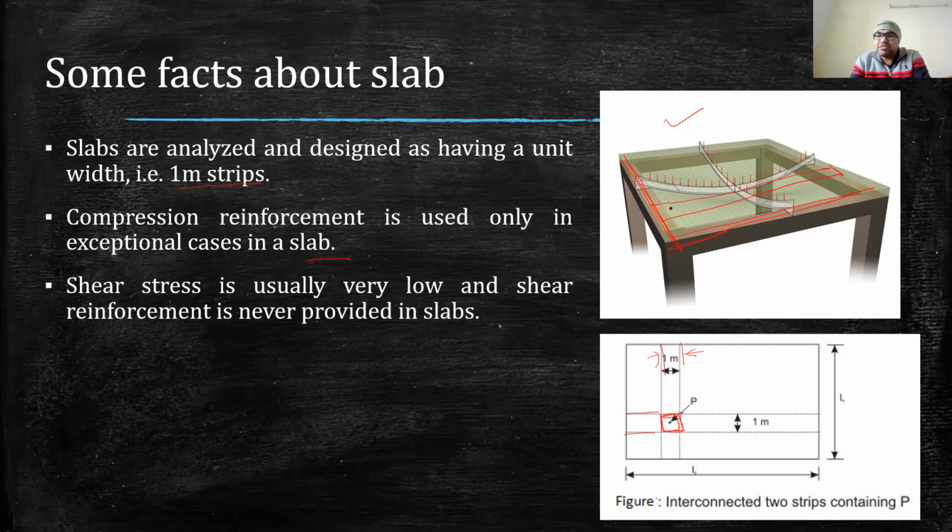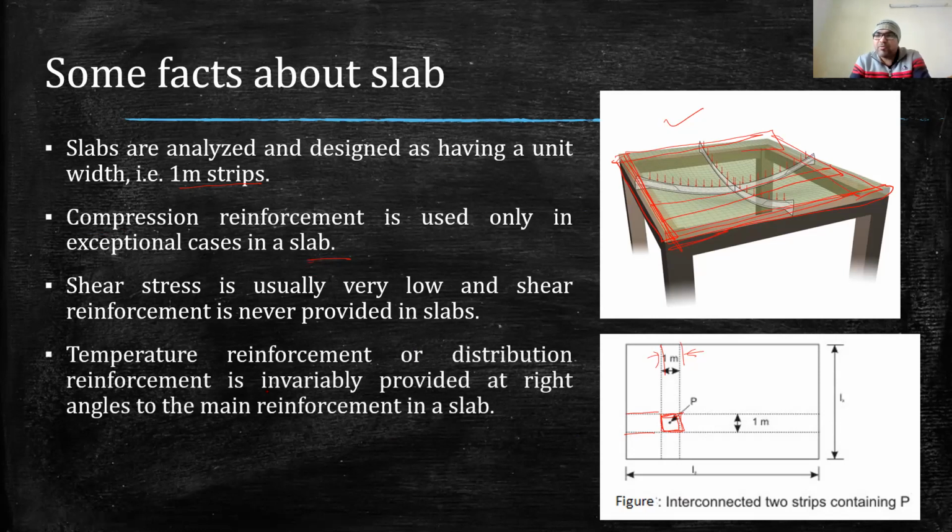Because slab is resting over a large bearing area as compared to the beam. As you can see, the whole slab is resting over this part, over this part, and over this part. So it is resting over a large bearing area. That is why the shear stress so generated is generally less than the shear strength of the concrete.